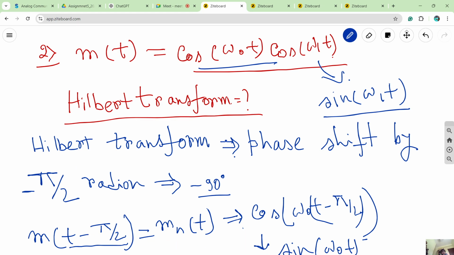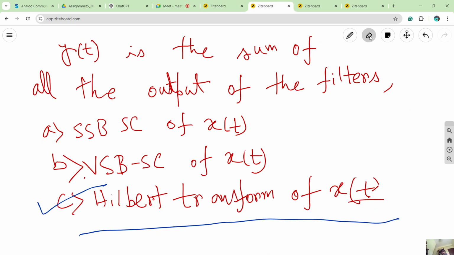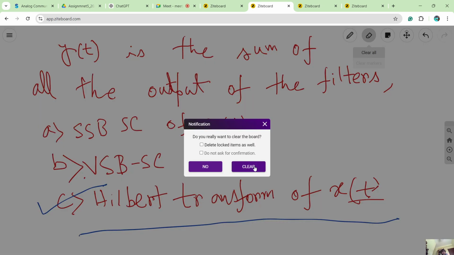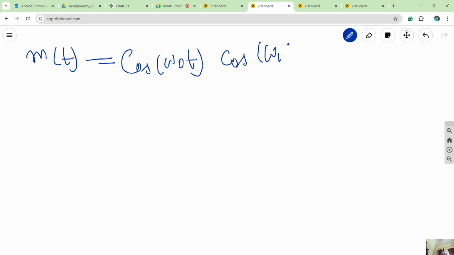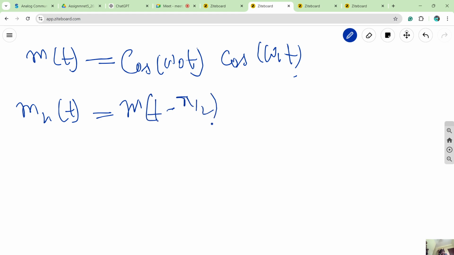So the Hilbert transformation of m(t) is sine omega 0 t sine omega 1 t.